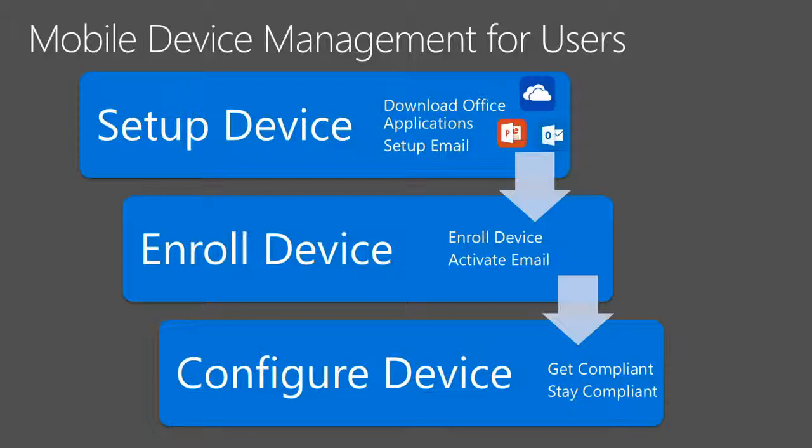So to get access to backend resources, I have to be MDM enrolled. Once I go through the enrollment process, then it's pretty simple for me. I continue to access company resources.